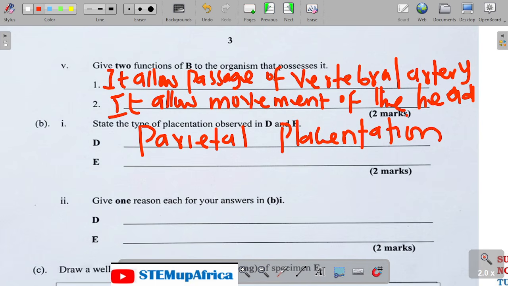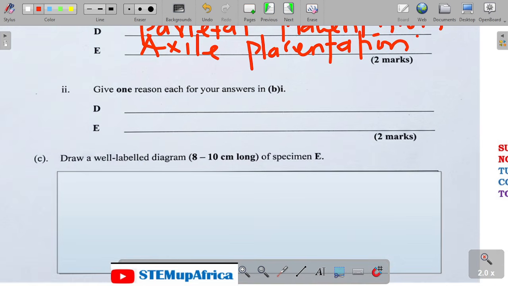Then in E, we have the axile placentation. So that goes for 2 marks.